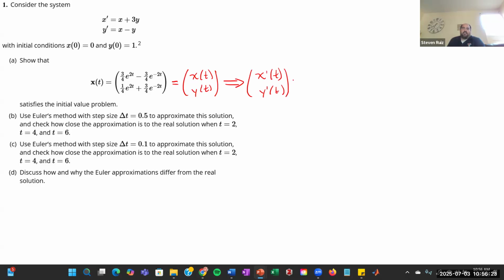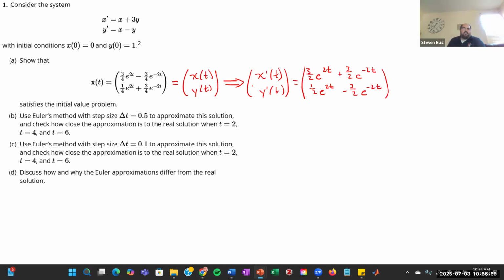So first derivative of x is going to be 3/4 times 2, so 3/2 e to the 2t, plus 3/2 e to the negative 2t. And then y prime is going to be 1/2 e to the 2t minus 3/2 e to the negative 2t.